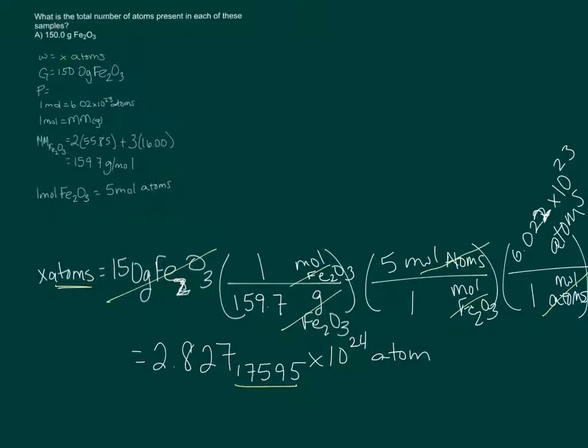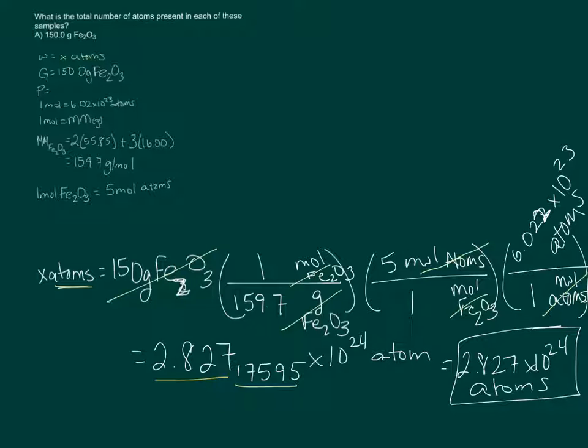That lets you keep track of the number, but also tells you that the only significant figures are there. But when you write your final answer, make sure to write it correctly. 2.827 times 10 to the 24th. Oh, and never forget your units. Bam. And we're done.